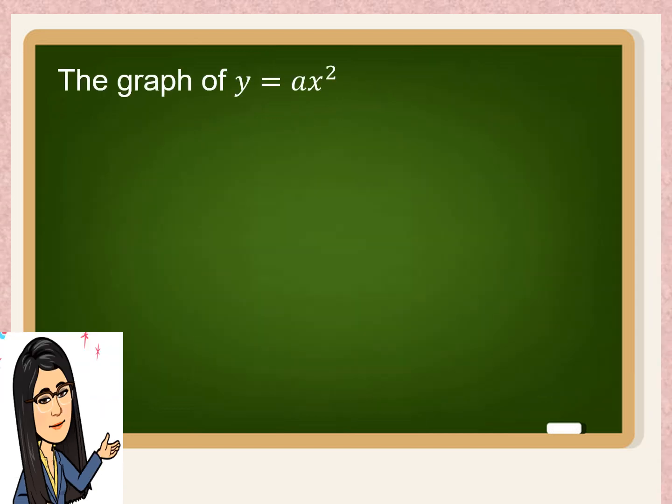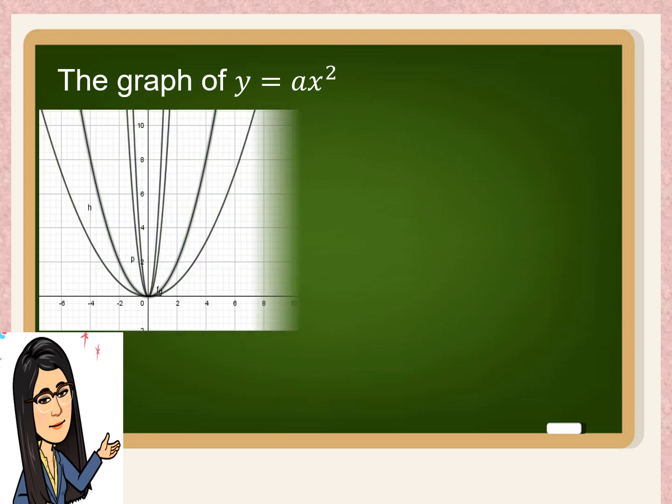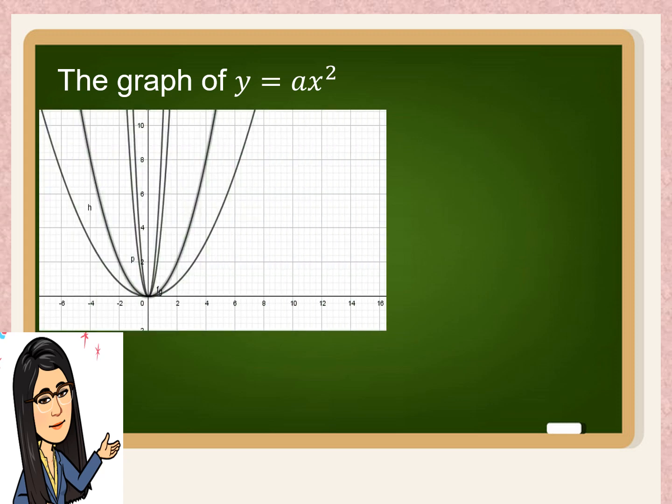Now let us discover the properties of the graph of y is equal to ax squared. Look at the following graphs. We have 5x squared. Innermost is y is equal to 10x squared. The outermost is y is equal to 1/5 x squared.